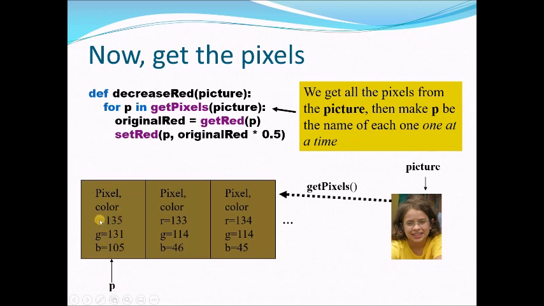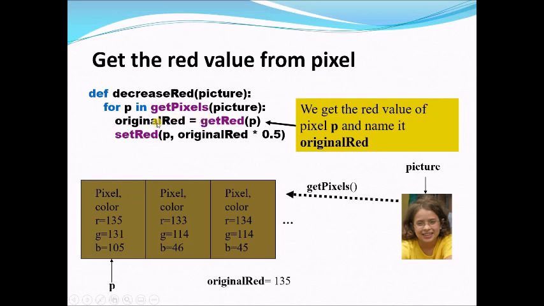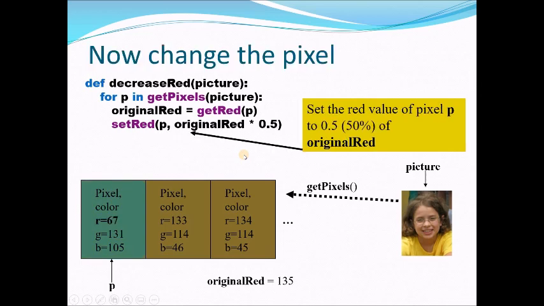It has 3 color values. Inside the for loop, it will modify the red color. Original red will be equal to 135, and it will multiply 135 with 0.5, so it will make it 67.